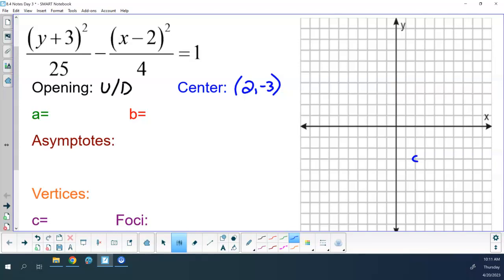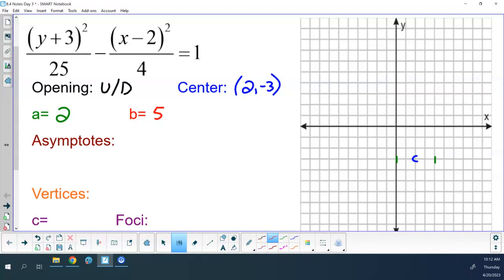What is our a value for this function? 2, because a is underneath x. So a squared is underneath the x squared. So 4 is a squared, which means 2 is a. That means left and right 2. Okay, what's our b value? 5.